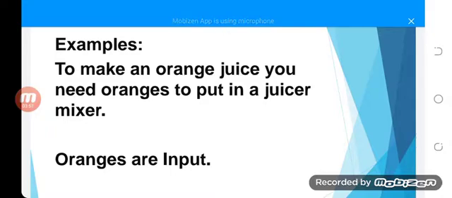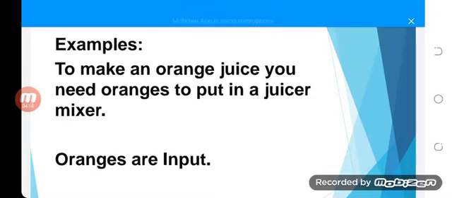You need a juicer mixer for that. You put oranges into the juicer. Your oranges are basically your input, which you provide to the juicer mixer, whatever machine you are using.